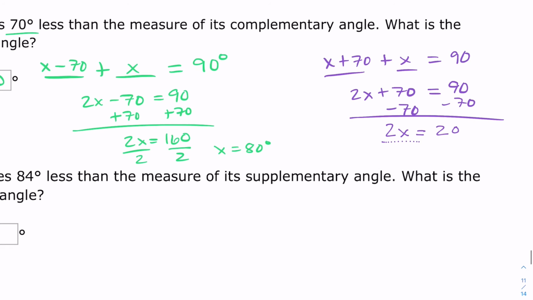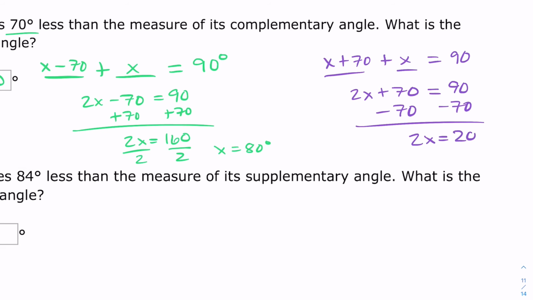The pen stopped working. Hold on. Okay, let me clean that up. Two x plus 70 equals 90. Take away 70, I get 2x equals 20.